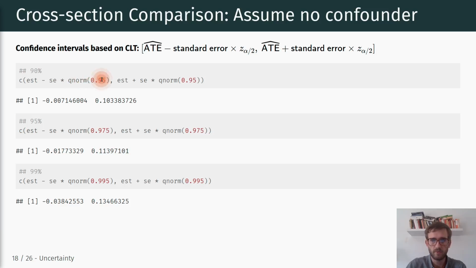So without providing any additional arguments to the qnorm command, this is a standard normal distribution with mean 0 and standard deviation of 1. If we put in qnorm 0.95, that means we're basically getting the x value where 95% of the probability mass is left of the x value, and 5% is to the right of the x value, right?